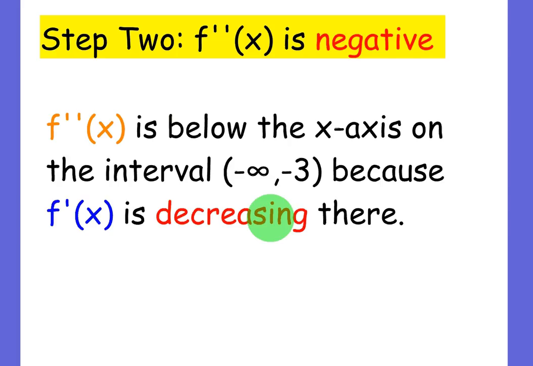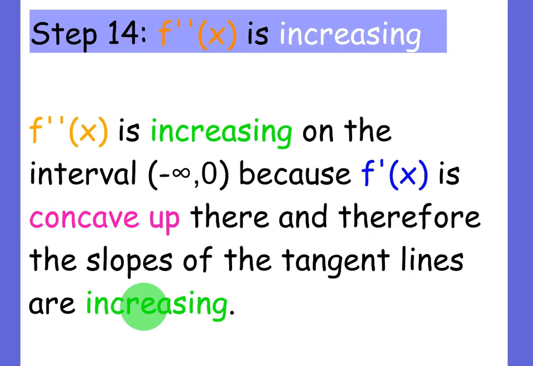Let's put this together with concavity and increasing. We also know that it was concave up from -infinity to 0. So our graph of f double prime of x will be increasing.